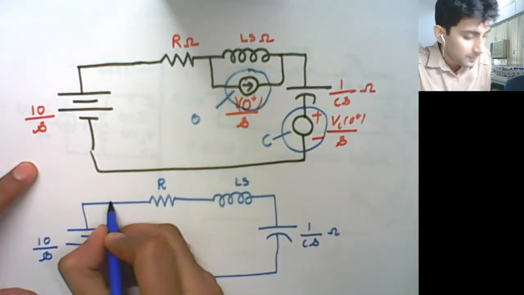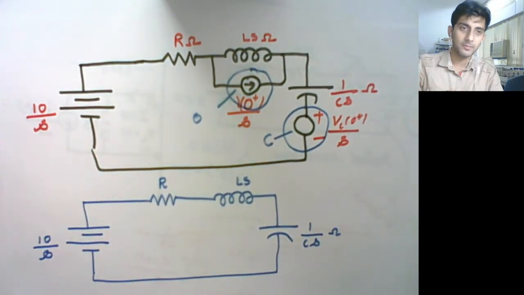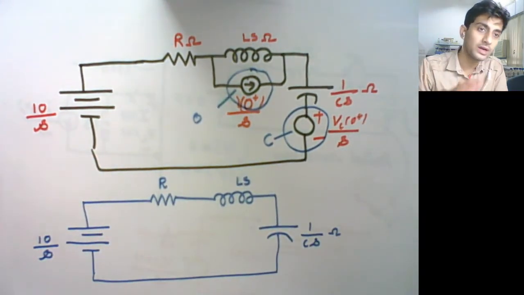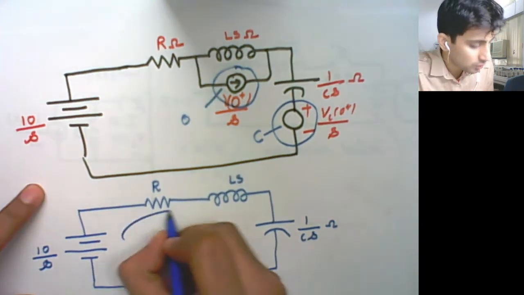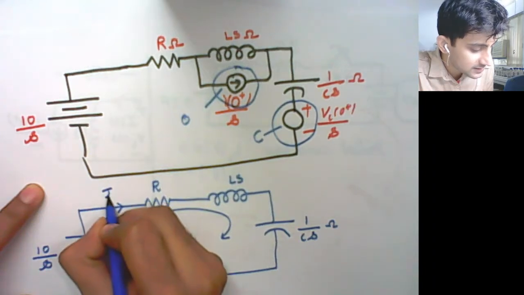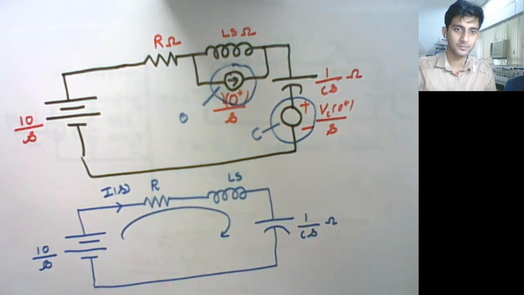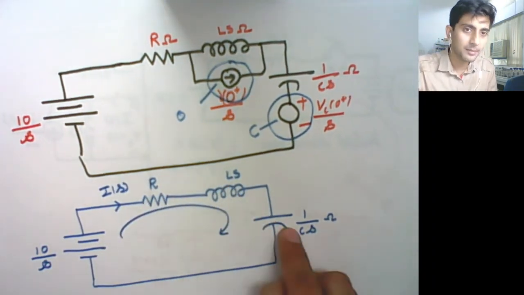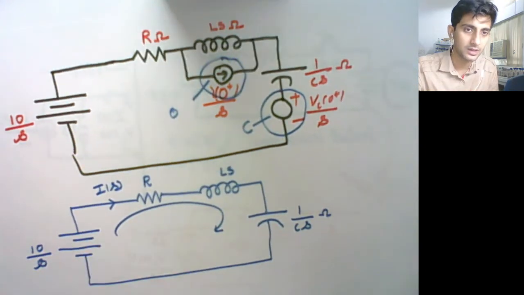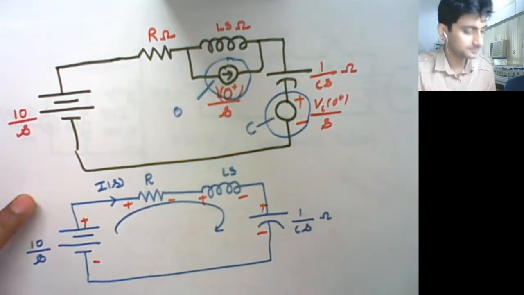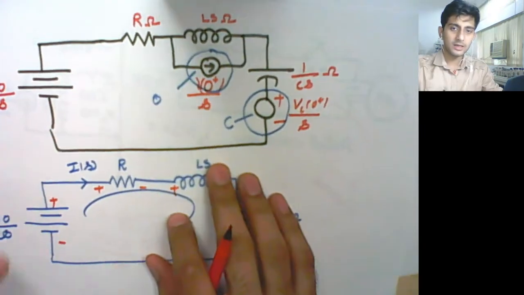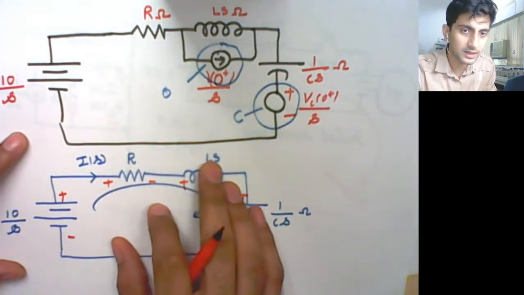Now, the question was the same: you have to find the voltage and current across all the elements. Over here, because all of these are in series, let's say some current I flows. These three are passive elements, this is an active element. So what would be the KVL equation for this particular circuit?